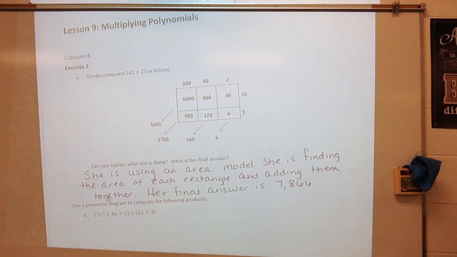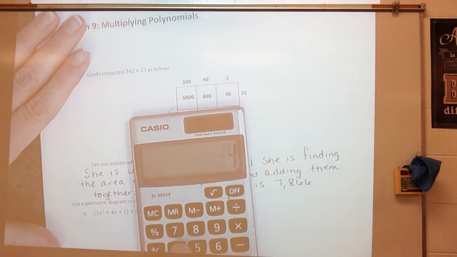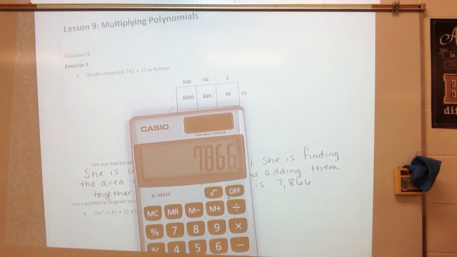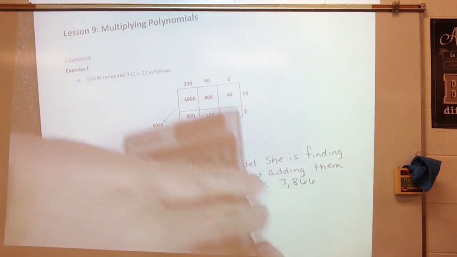And if I actually were to pull out a calculator and multiply 342 times 23, look at my answer, 7,866.